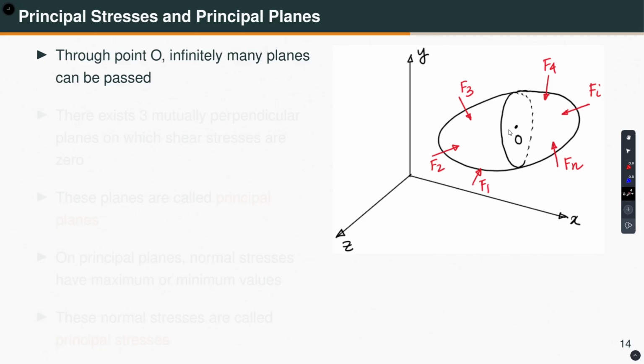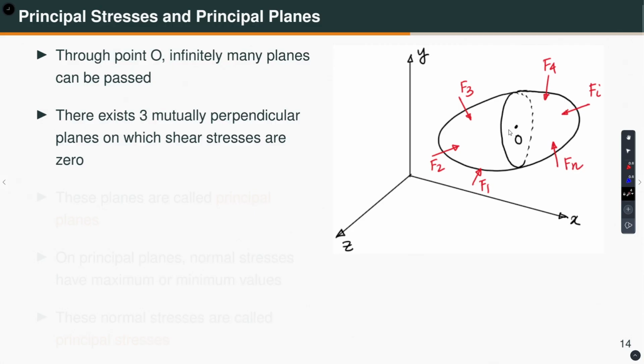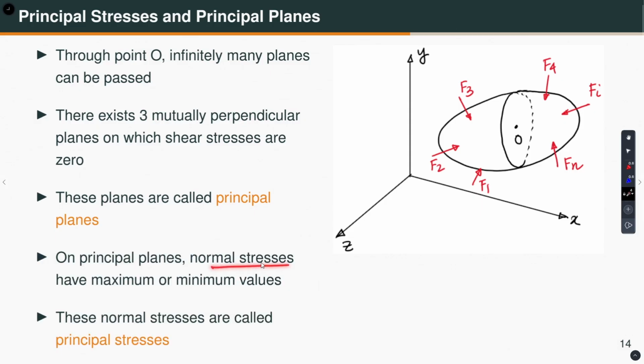So, we can cut this body in infinitely many ways, passing a plane through that point O. Now I am claiming, and it can be proven, which I am not going to do in this course, that there exist 3 mutually perpendicular planes on which the shear stresses are 0. These planes are called the principal planes, right. On the principal planes, the normal stresses have maximum or minimum values.